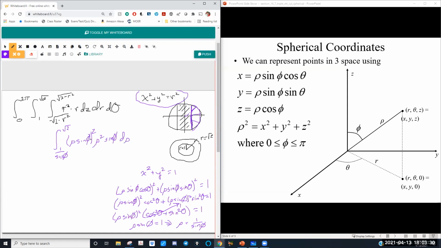Okay. I know there's a lot going on in that first step, so I'm going to slow down a little bit. And if you have questions, let me know. But this here, that's our transformation of x squared plus y squared. This here is that part of our dv, okay? Just so you know where this stuff's coming from. The lower limit for rho is the cylinder, which means we need to rewrite the cylinder in spherical.